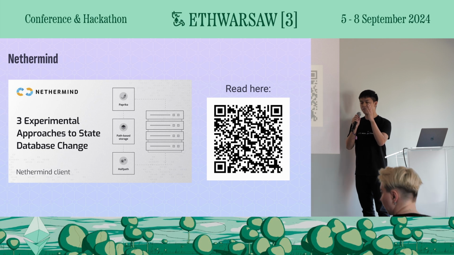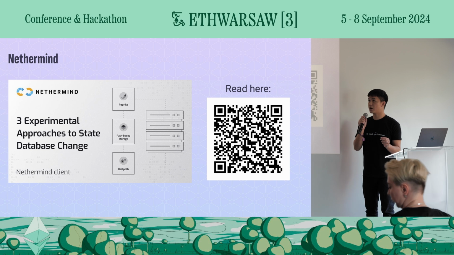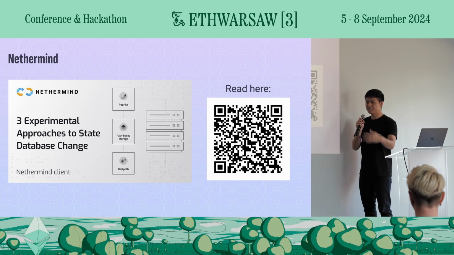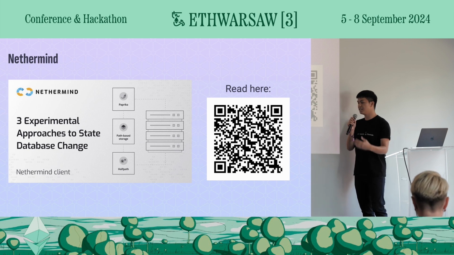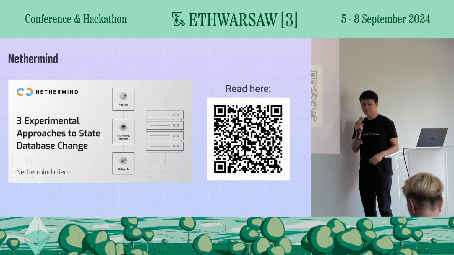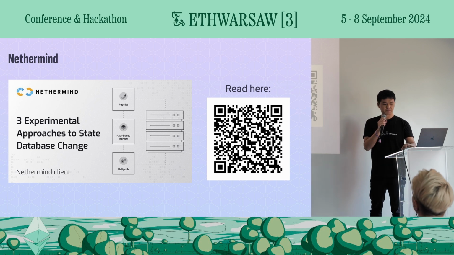Instead of using just the trie node hash as the key, you prepend the trie node hash with the path to the trie node. By doing this, because of how the inner workings of the databases work, you can actually compress the database. So it's really a database optimization technique. These are the approaches that Nethermind took.